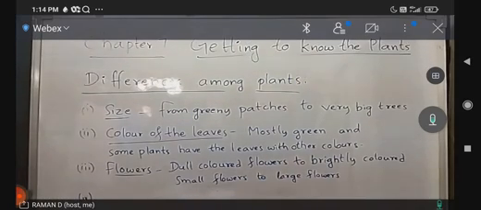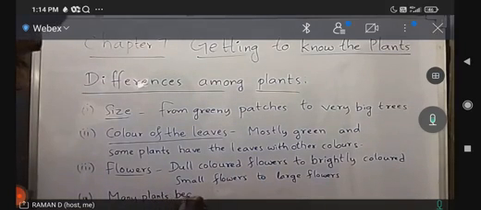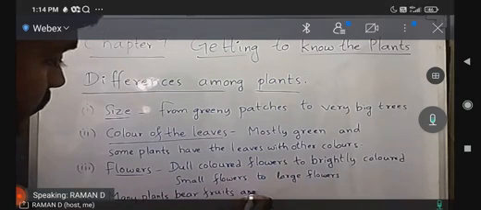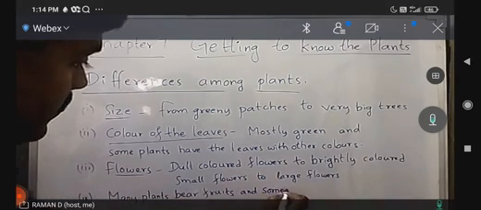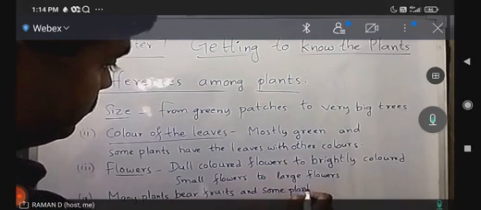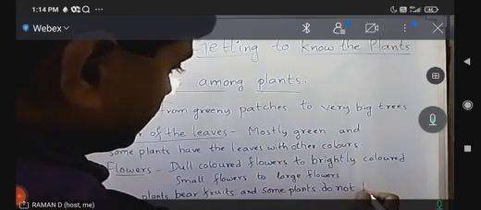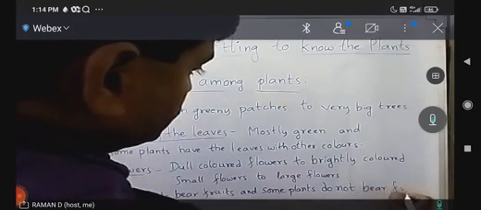And many plants bear fruits. Some plants do not produce fruits. Many plants bear fruits and some plants do not bear fruits.